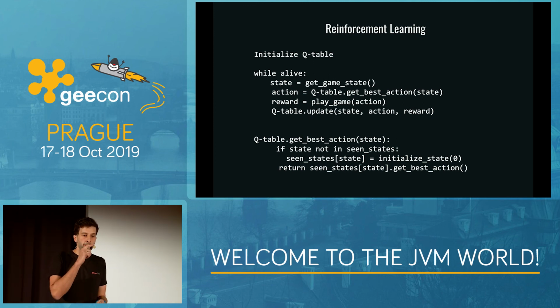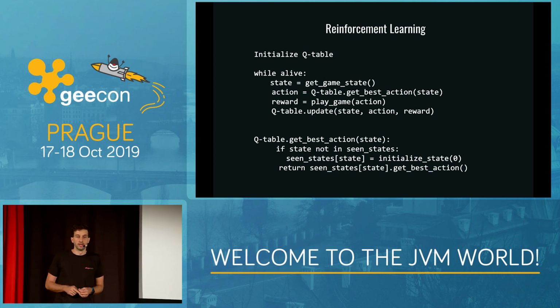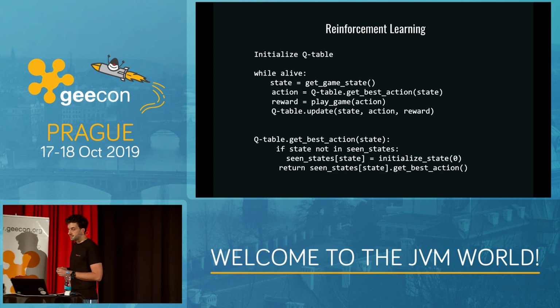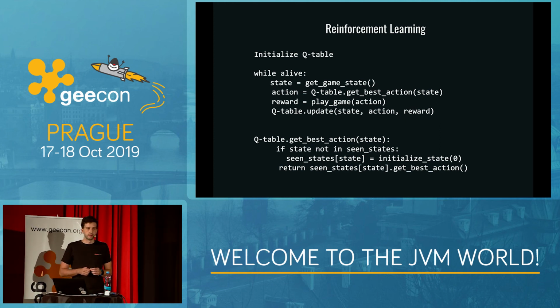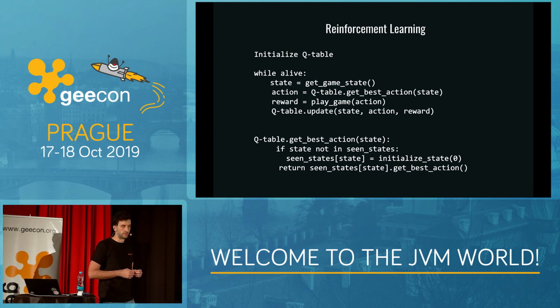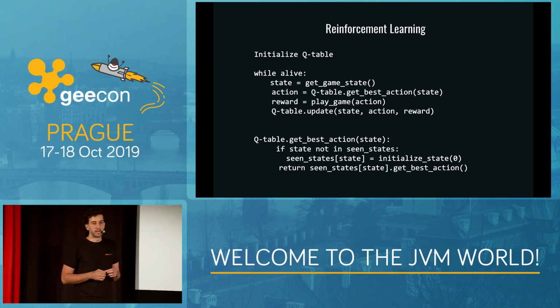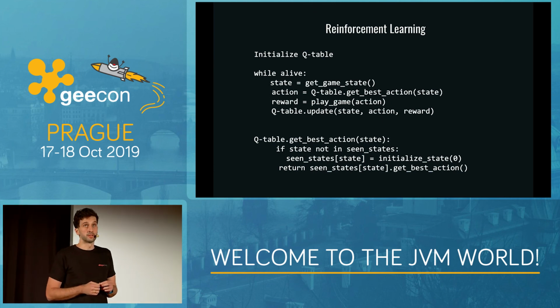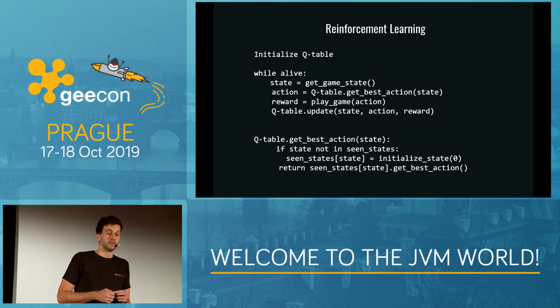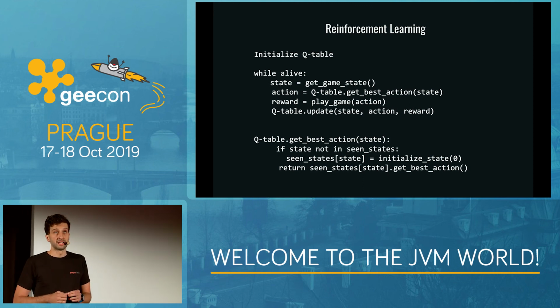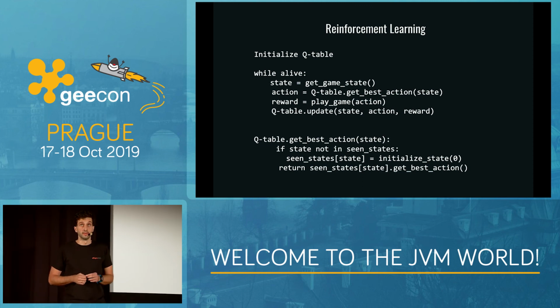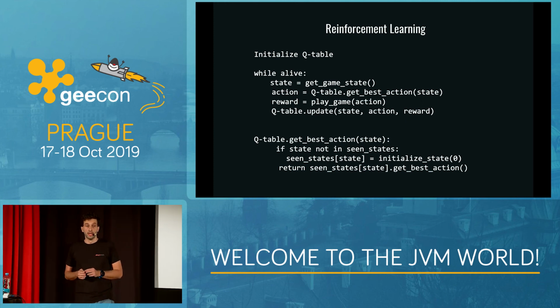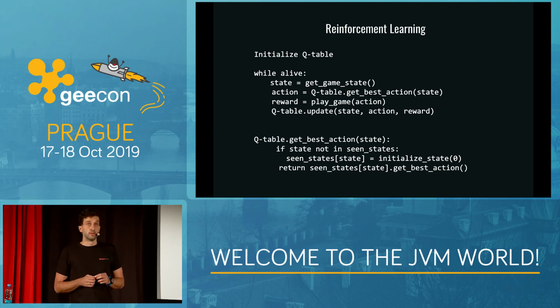And here we are based on the estimate of the best reward, and this reward may be related to different things. So we are asking the Q table to get the best action for the given state, the action which maximizes the possible reward. We are playing the game with this action.